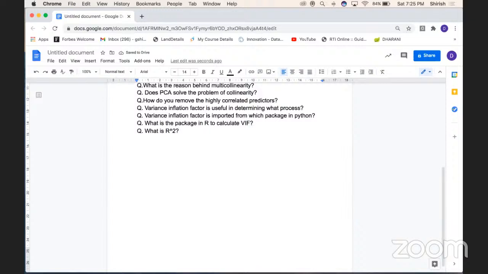Yeah, exactly, Subhajit. Very good. The car package. What is this R square? Coefficient of determination, correct. But what is the interpretation? How is it calculated and what do you get to infer from that particular value when you build the model?